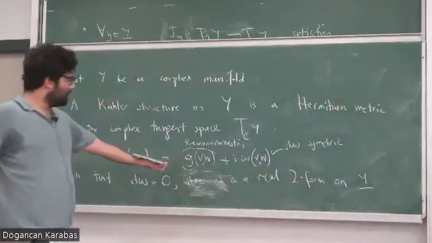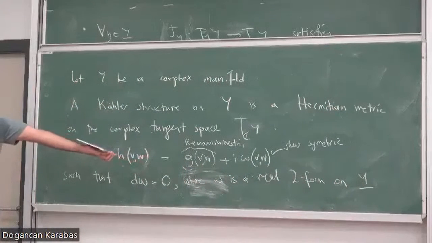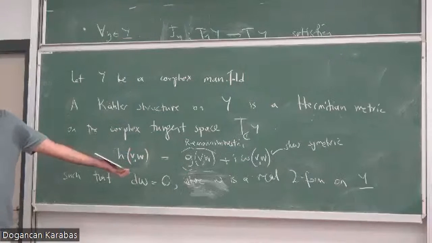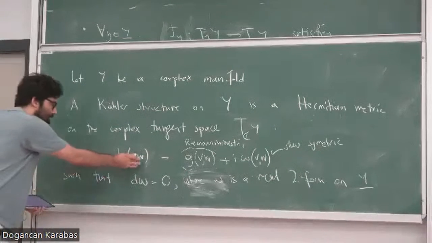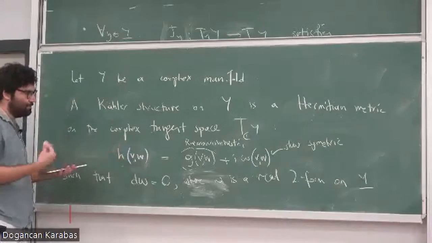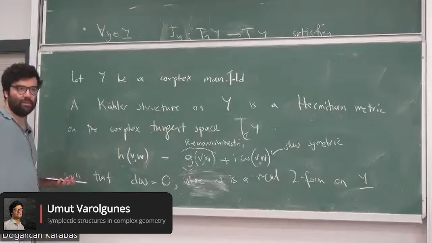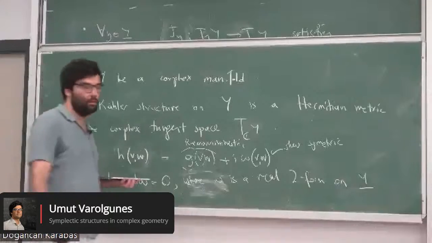And this Riemannian metric, you should think about it the same way. It's a Riemannian metric on this Y underline, where my inputs are identified with tangent vectors of the tangent bundle of Y underline.